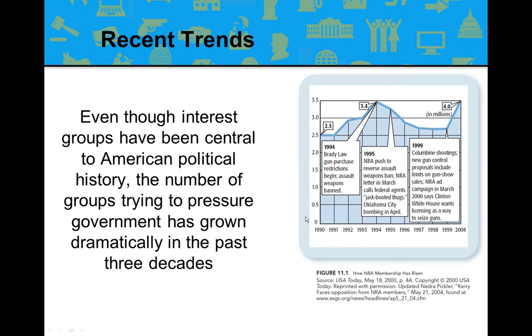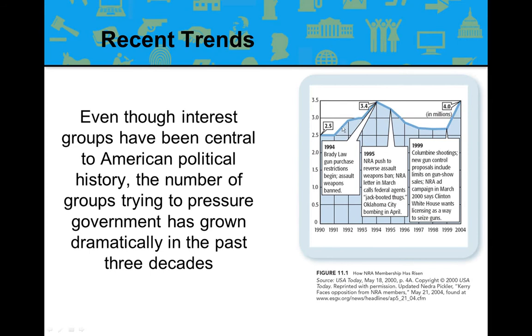But this is just an example of how NRA membership has grown in response to the government's efforts to restrict gun purchasing. In 1990, 2.5 million were members of the NRA. Then in 1994, the Brady law gun purchase restrictions began, and this is when we have a ban on assault weapons.